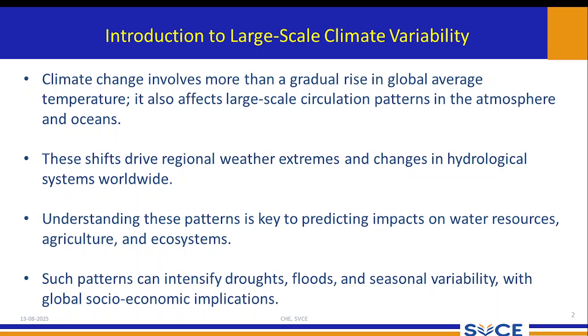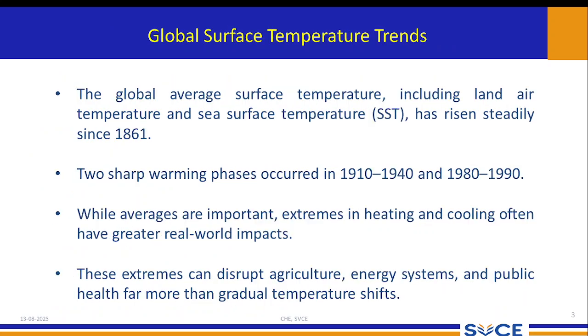We are not the only species on the planet. We have plants, animals, reptiles, even marine life. All of this is included in the ecosystem. Such patterns can intensify drought, flood, and seasonal variability with global socio-economic implications.